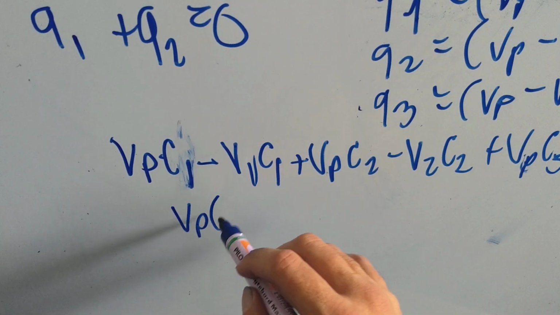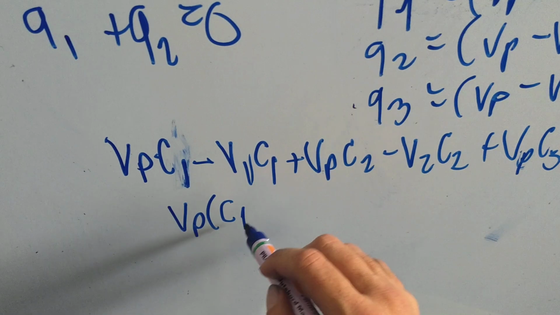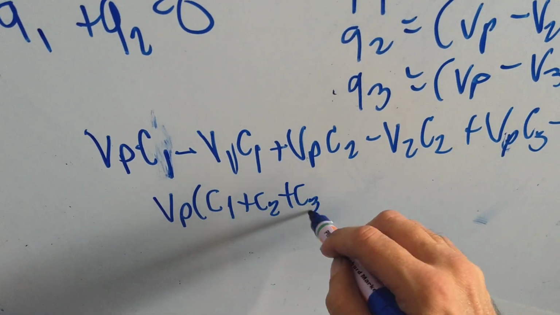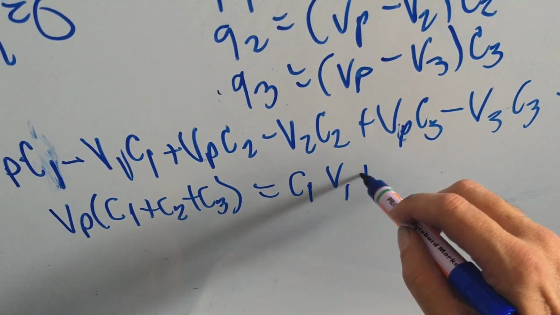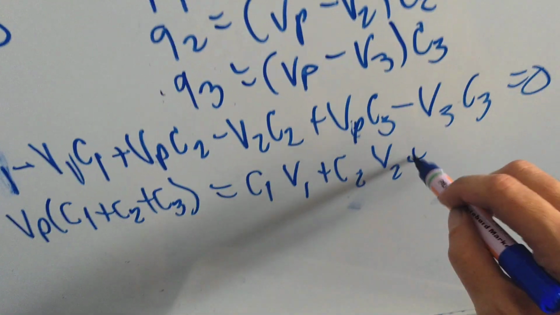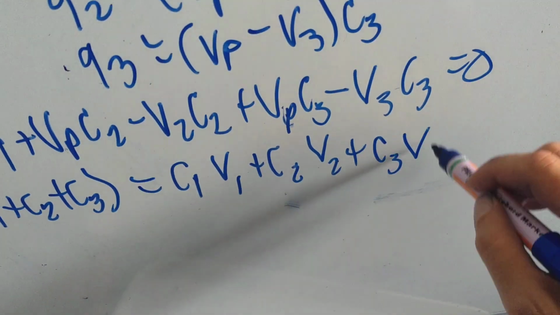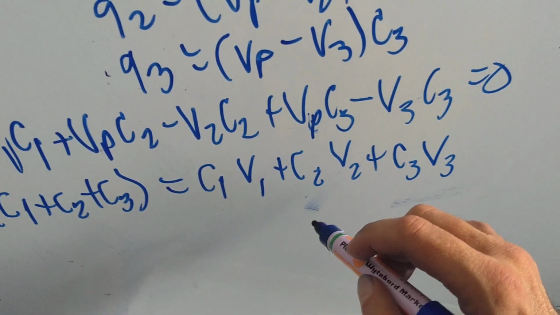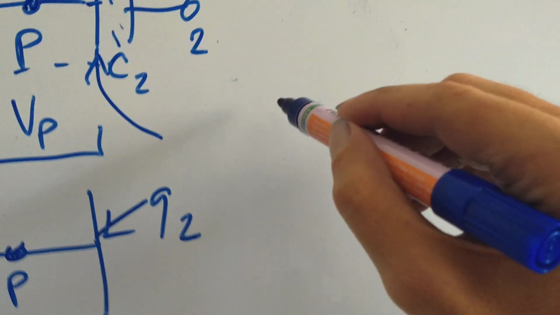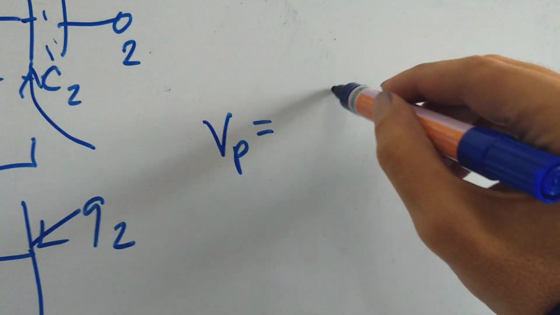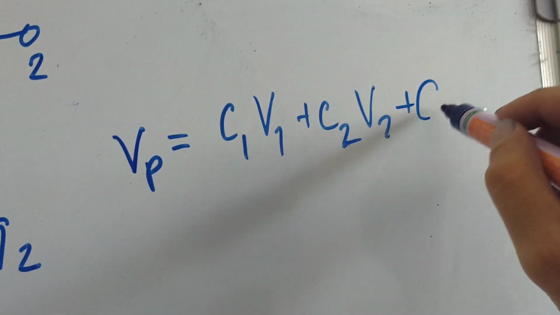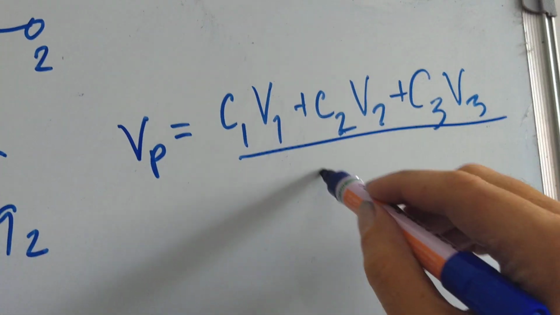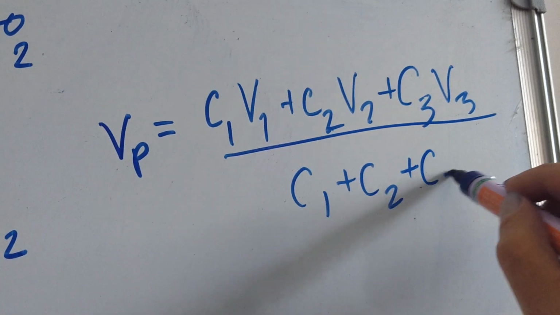I get C1 plus C2 plus C3, and I can bring all that other stuff to the other side: C1 V1 plus C2 V2 plus C3 V3. And lo and behold, I get the solution: VP is C1 V1 plus C2 V2 plus C3 V3 over C1 plus C2 plus C3.